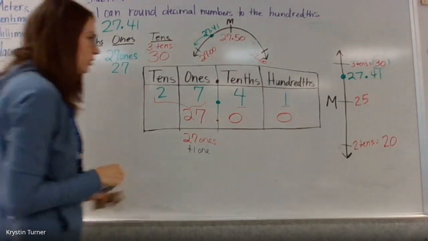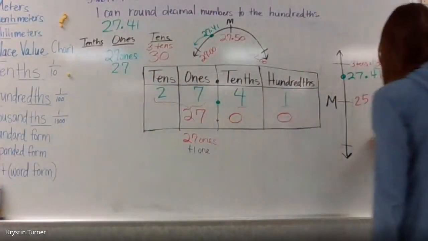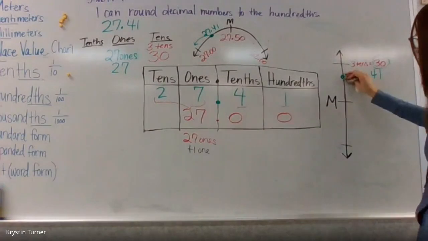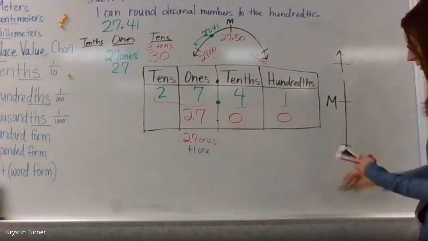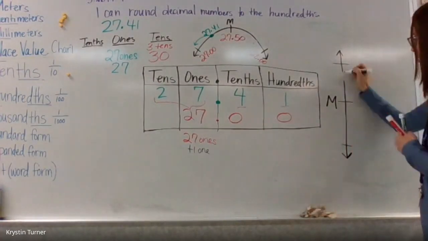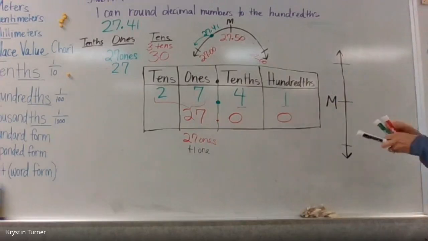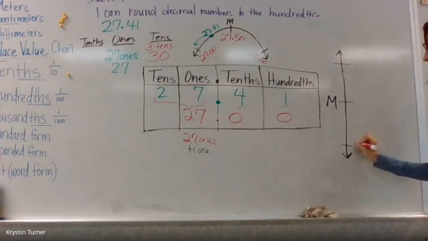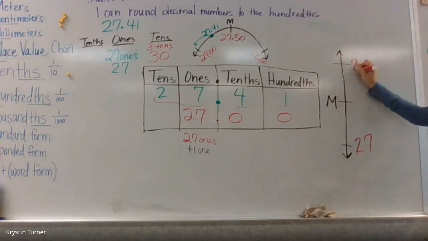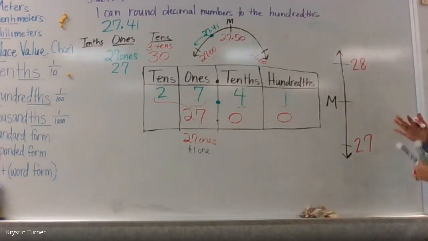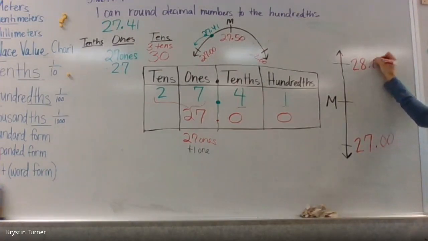If we're using our vertical line, it looks very similar. We have 27 ones, plus 1 more would be 28. What is between 27 and 28? Well, it might help to put the 0.00 behind it to figure it out.